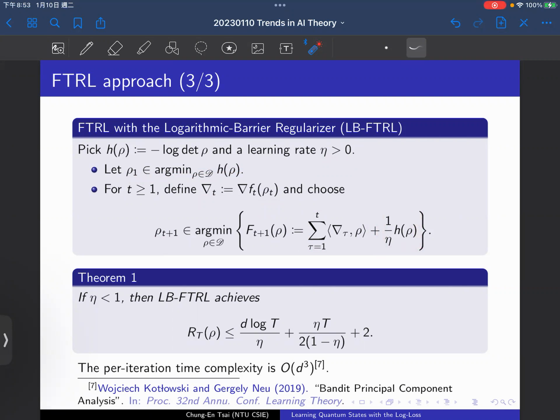It can be proved, and we will present later, that the regret of the above algorithm is upper bounded by d times log T over eta, which roughly corresponds to the term H(rho) minus H(rho_1) over eta, plus the second term, eta T over 2 times 1 minus eta. This corresponds to the summation of the norm of the gradient. There is some technical issue, so there is an additional 2 here.